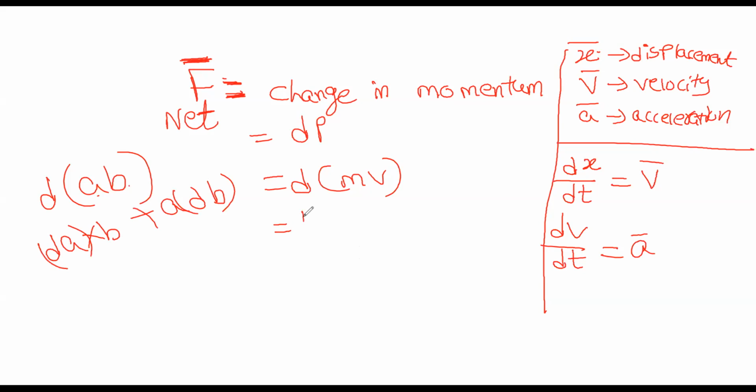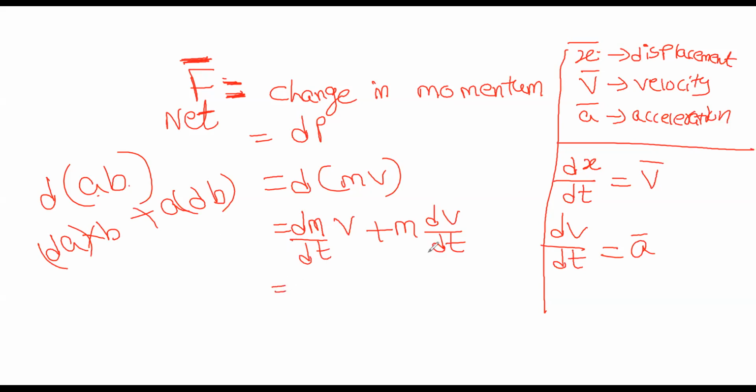So first it becomes dm into V. Here everything we are doing with respect to time itself. Means dm by dt, I'm just not writing dt, that's it. Into V plus m into dv by dt, correct? Correct.